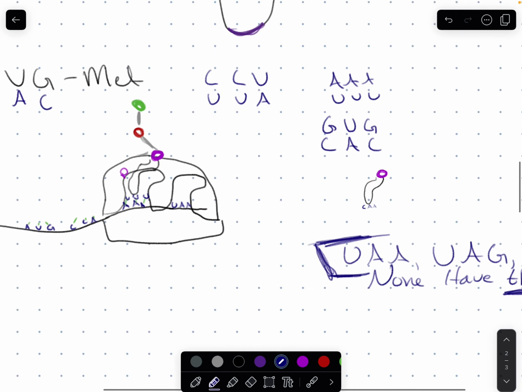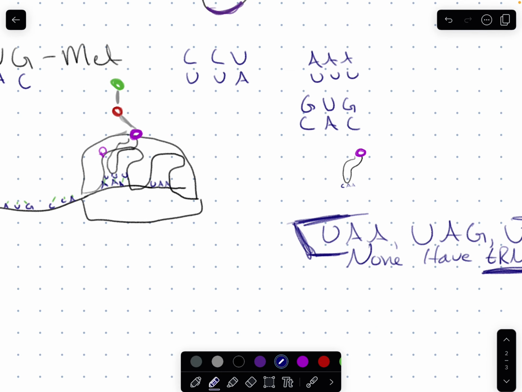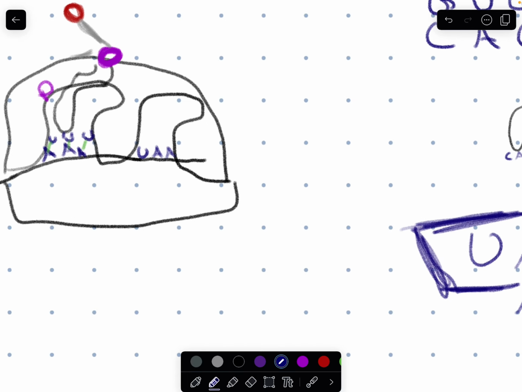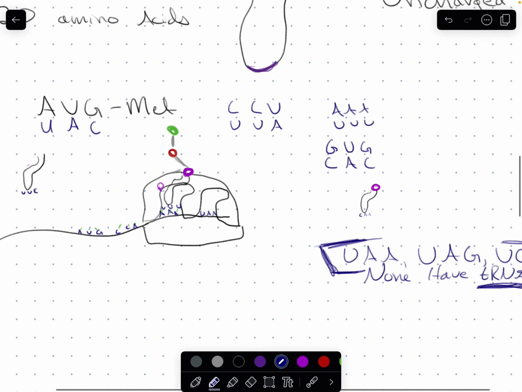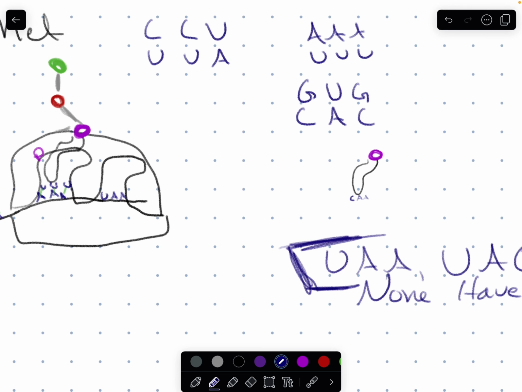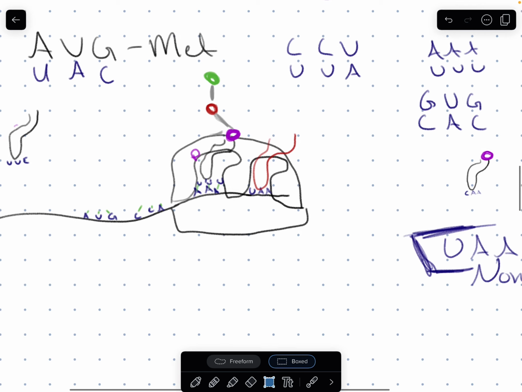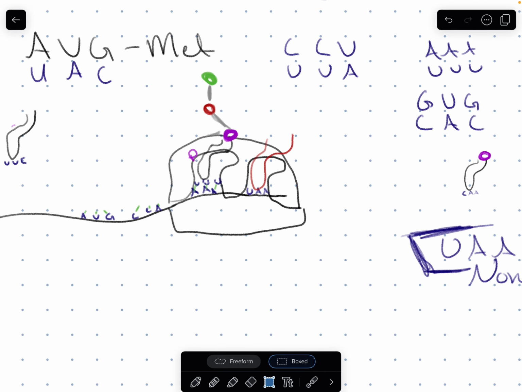So what happens is we have something called, I believe it's called a stop factor or a halt factor, which looks like a tRNA. And what it does is it fits in right in here, and then the ribosome keeps on moving.